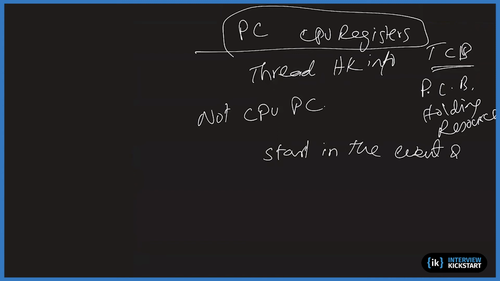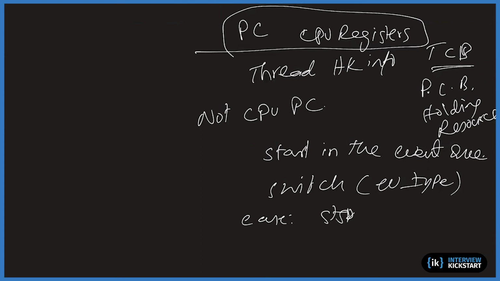And then you will have a switch statement on the event type, and then you will say, okay, case stage 2, stage 1 computation, then call a function which is the stage 1 handler, and so on. So basically, you don't need to store the program counter. It is stored, no doubt, when you are yielding the CPU, but it is not necessary to save any registers, etc. When this thread is yielding the CPU to another, it knows exactly where to start from.